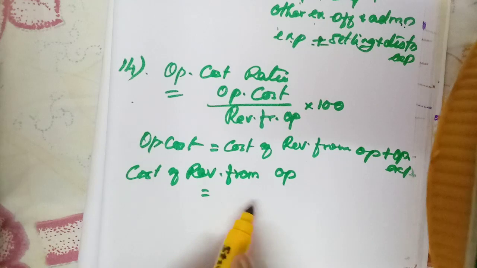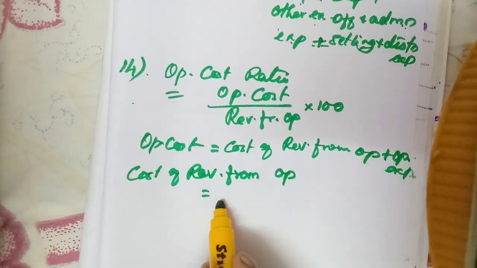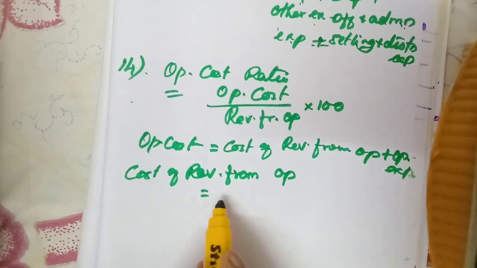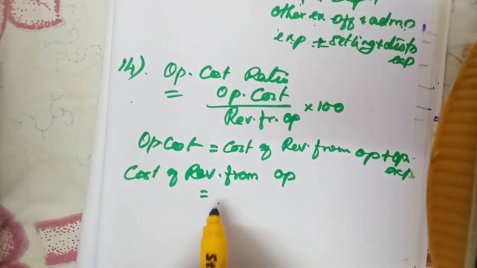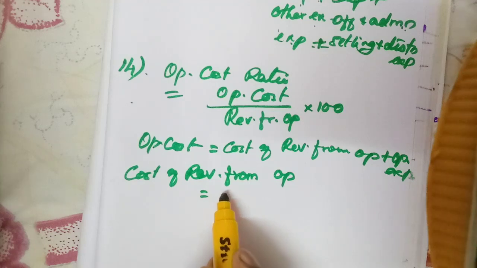That we have studied last year: opening stock, add purchases, minus closing stock, plus direct expenses is the cost of revenue from operation, isn't it? Cost of goods sold. Opening stock, add purchases. Here they have given purchases first, so we can take that.